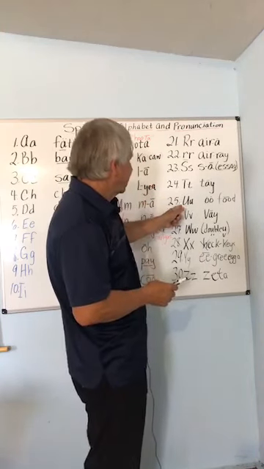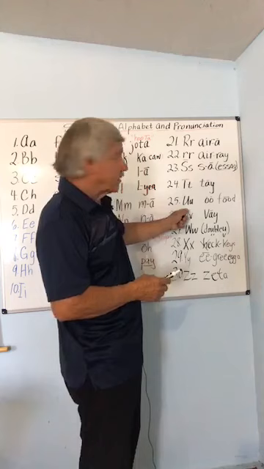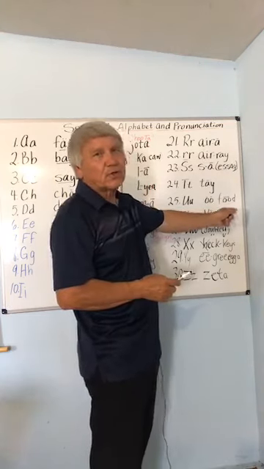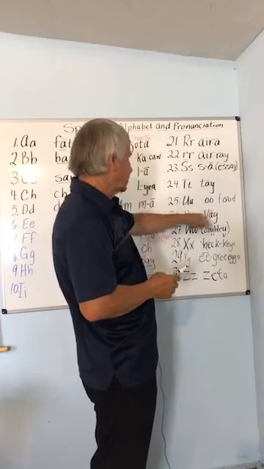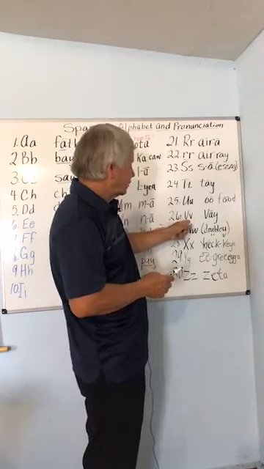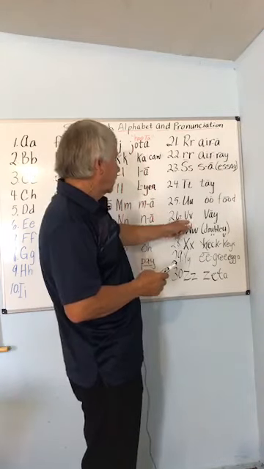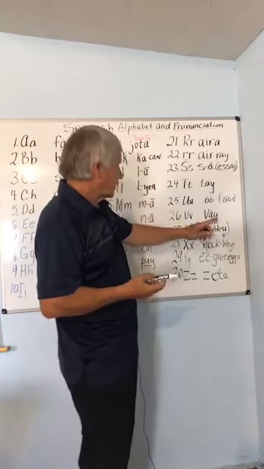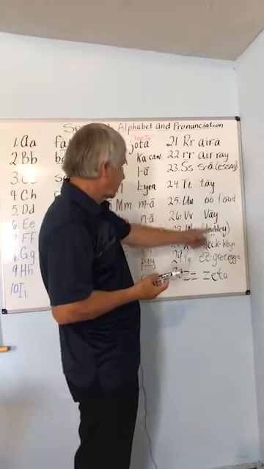Te, okay. 25, that would be oo. And I was thinking of the word food, oo. Okay, that's the sound. 26, here would be ve. So again, not a word, but that's how it sounds, with a long A sound.